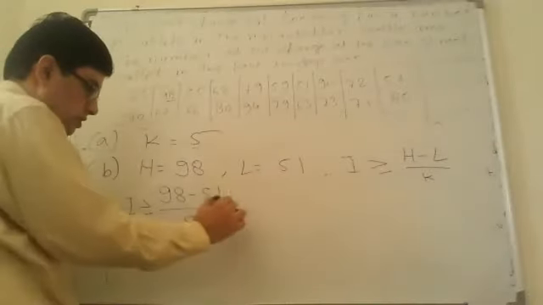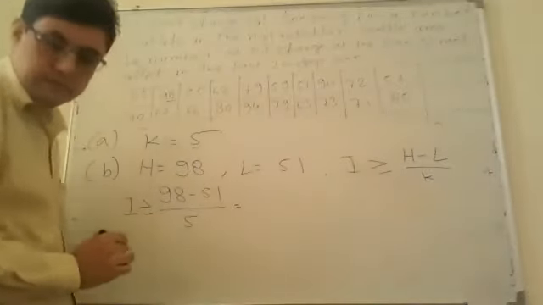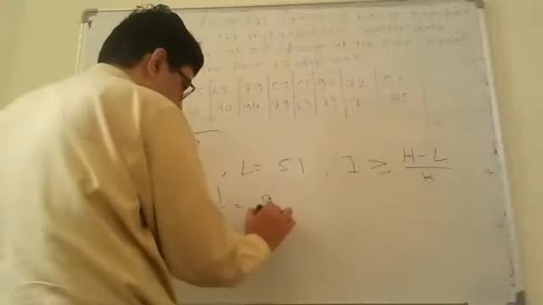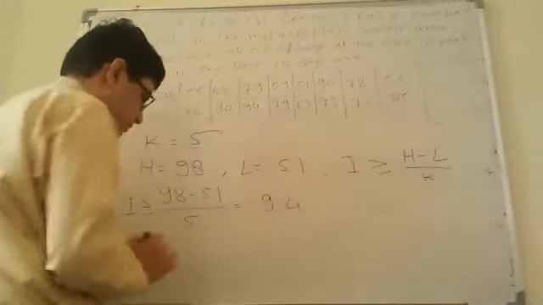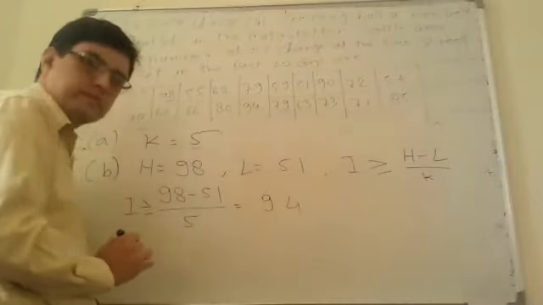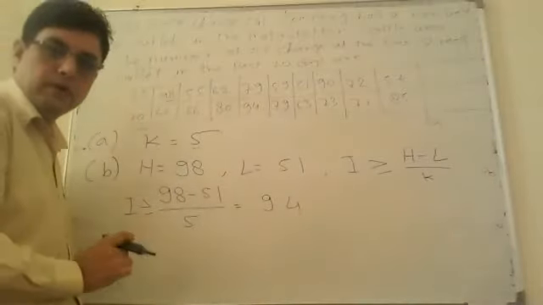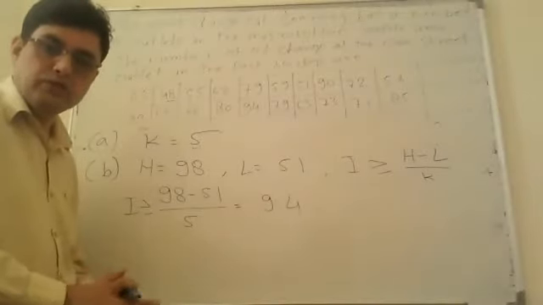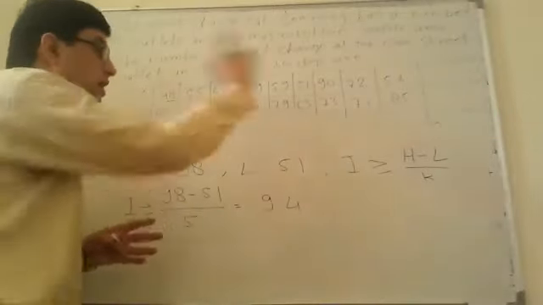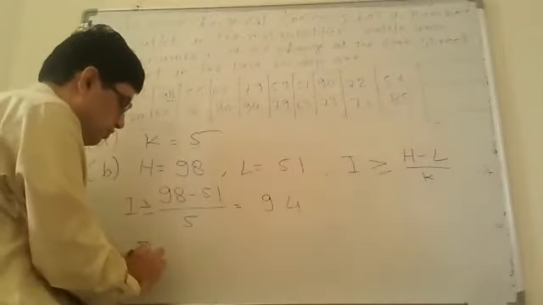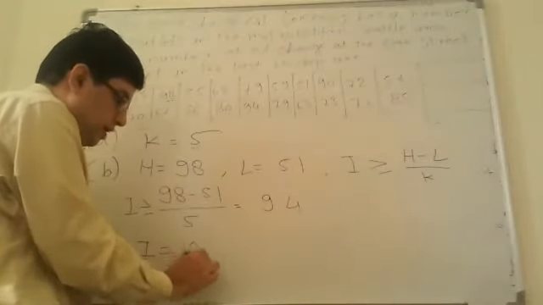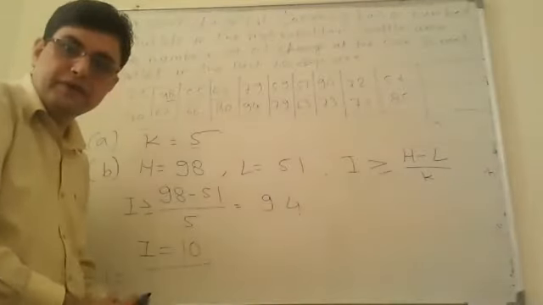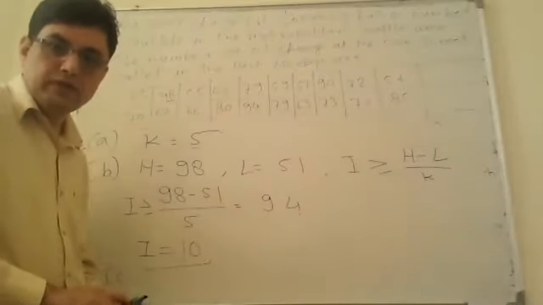So it is 9.4. 9.4 is not an integer value, it's not a natural number, so we have to take the next one. We choose I equal to 10. 10 is the next number after 9.5, so it becomes easy for you.